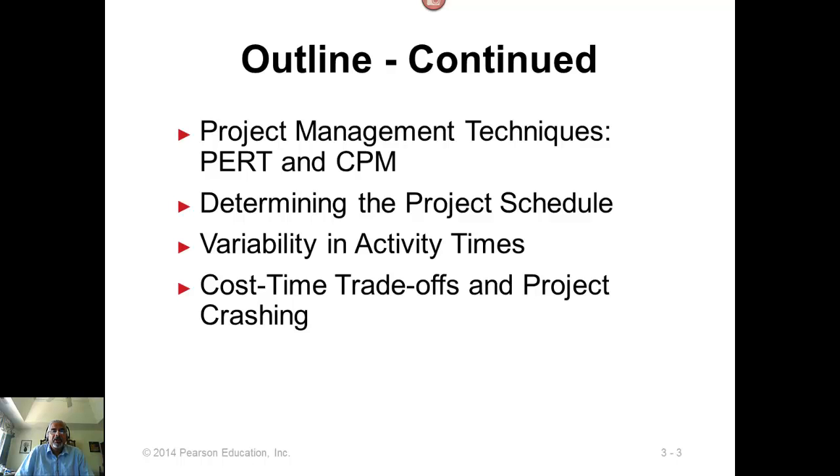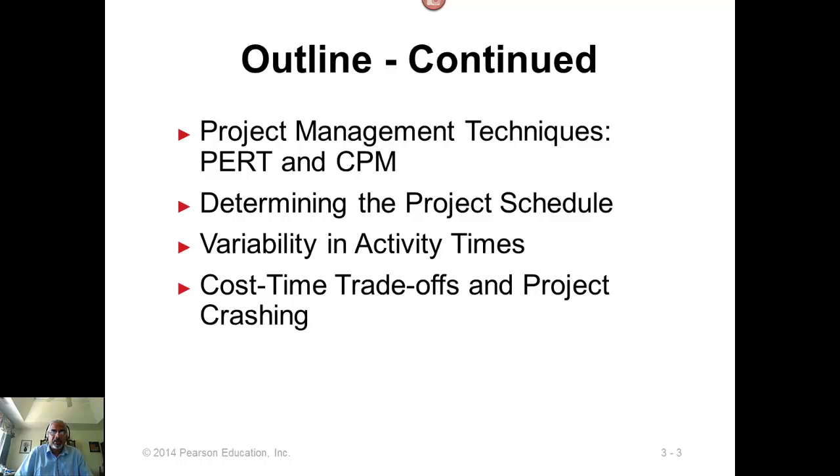Then we will look at how to determine project schedule, the variability of activity times in the project, and calculating probabilities about when a project will be completed. What is the probability that the project will be on time or project will be delayed?